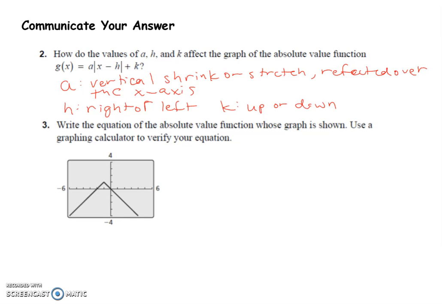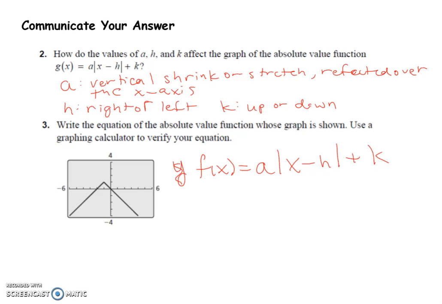Number 3 says to write the equation of the absolute value function whose graph is shown. Use a graphing calculator to verify your equation. So we know the basic form is f of x equals a times the absolute value of x minus h, plus k. We need to fill in our values for a, h, and k.